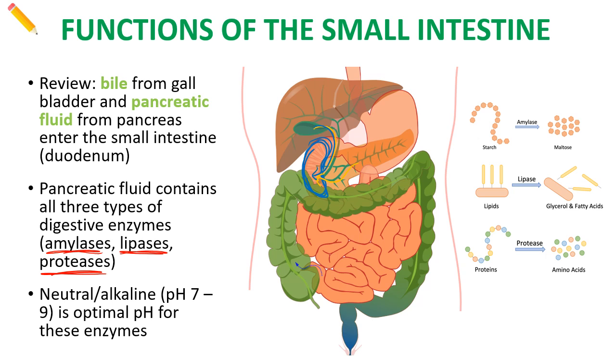Some of those enzymes still were added earlier. So amylases are in our saliva, so we've started to break things down earlier. But this is like the second level of digestion, basically. So as soon as all those enzymes and the bile enter the duodenum, then we're getting a whole lot more digestion happening.